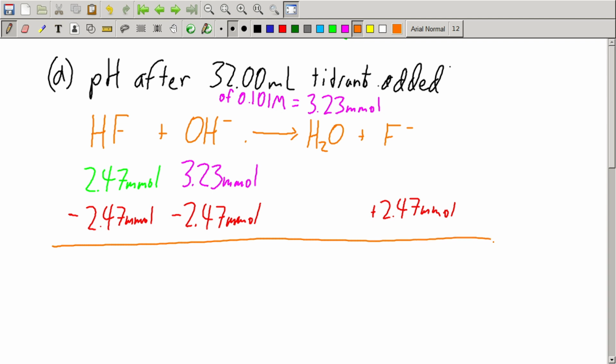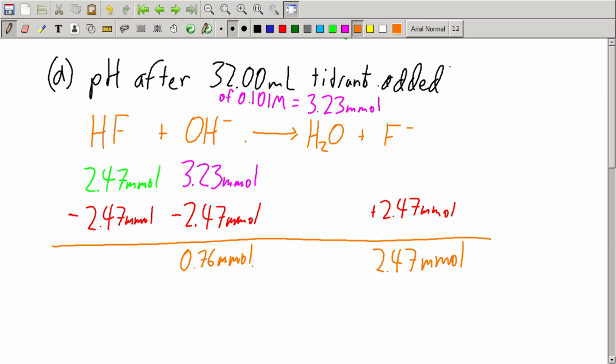So I now have a solution that contains 2.47 millimoles of conjugate base. But in addition to that, I also have 0.76 millimoles of excess hydroxide.